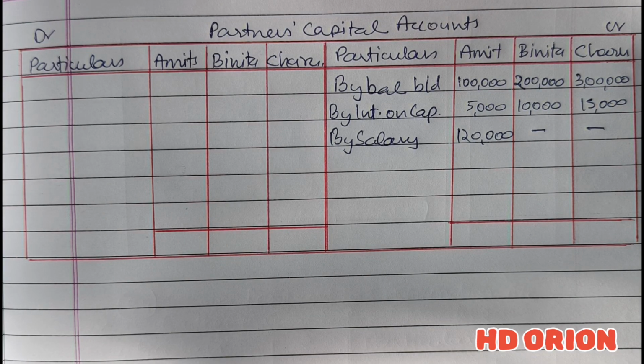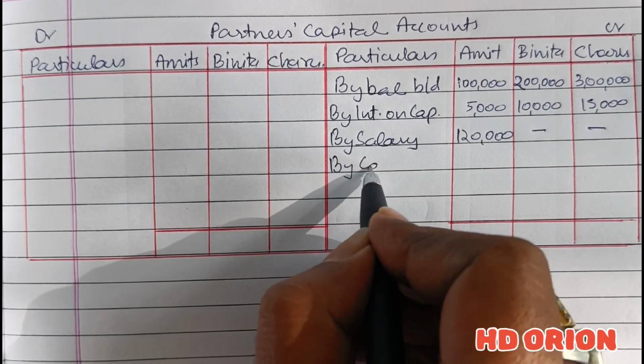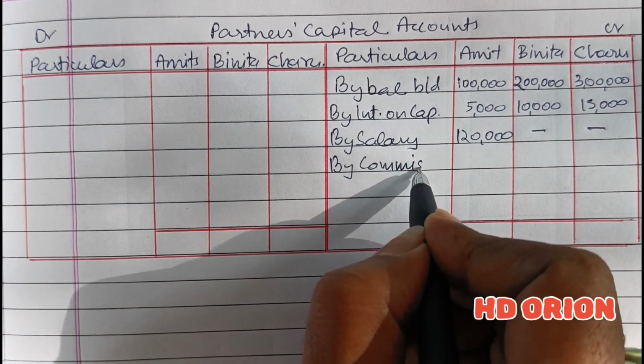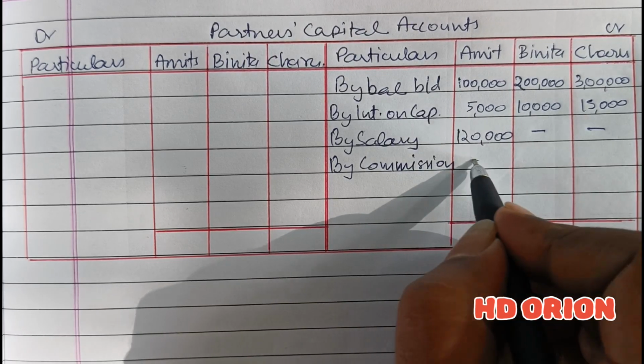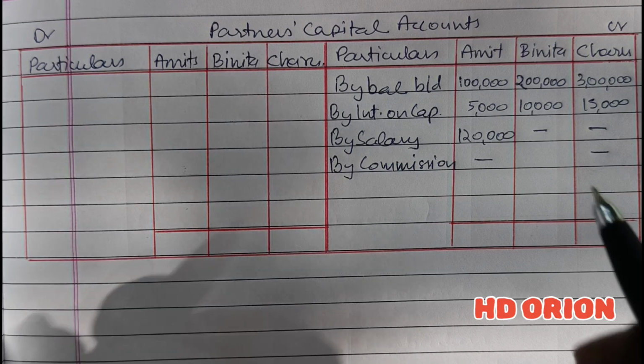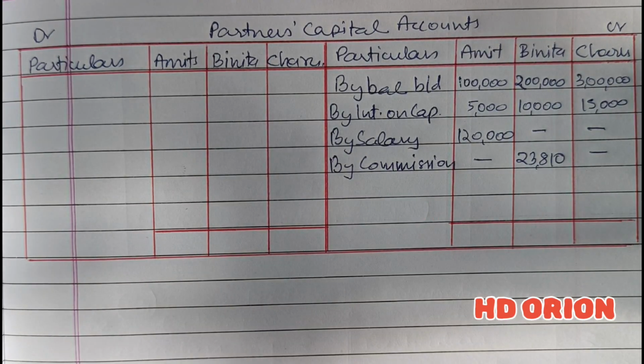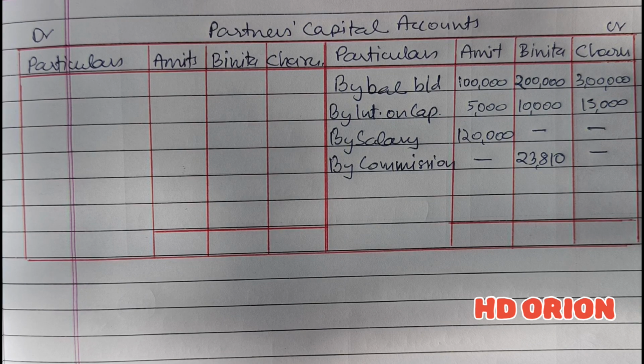And there is a commission. So by commission, there is a commission to Binita, and the amount is 23,810. Then general reserve is there, which is not to be distributed here, because general reserve will be shown in the balance sheet as a credit balance on the liability side.